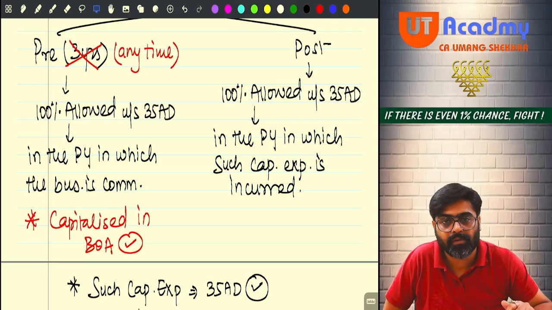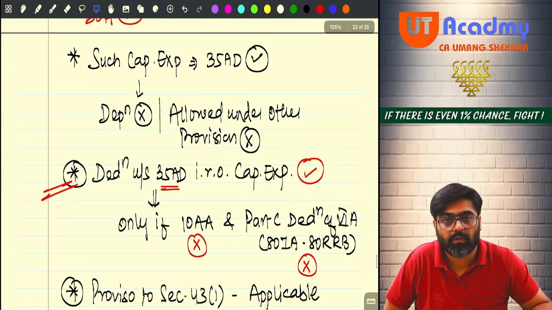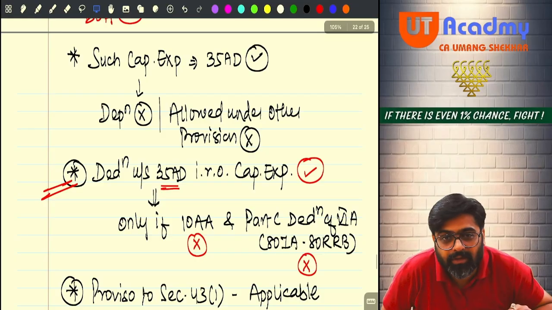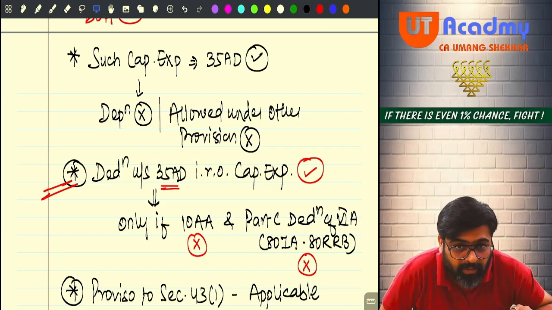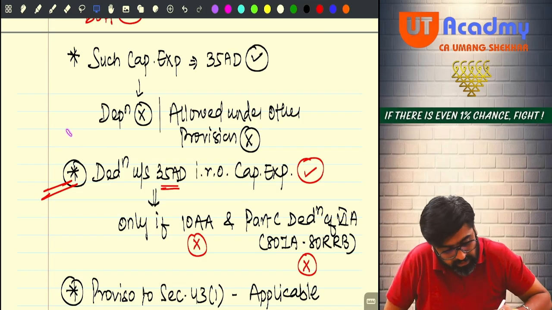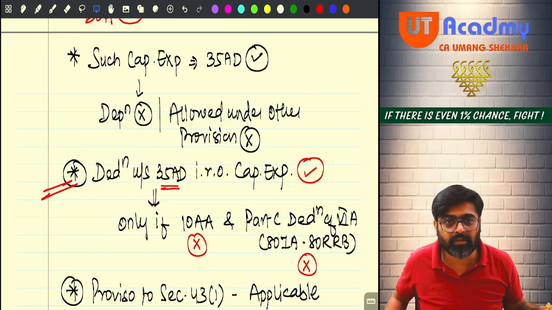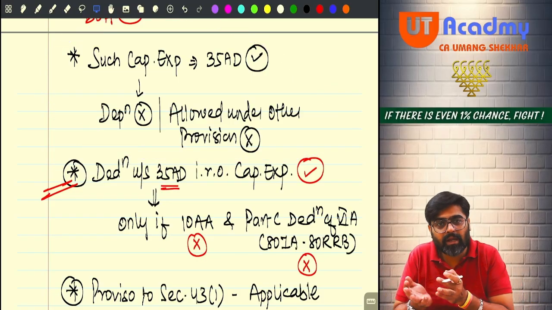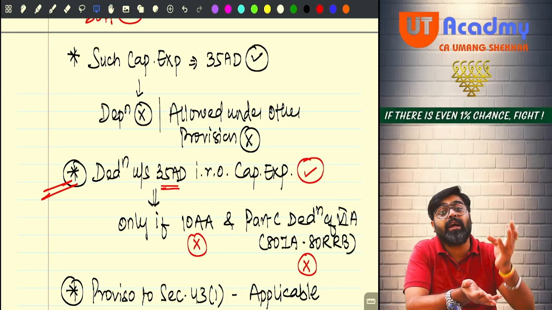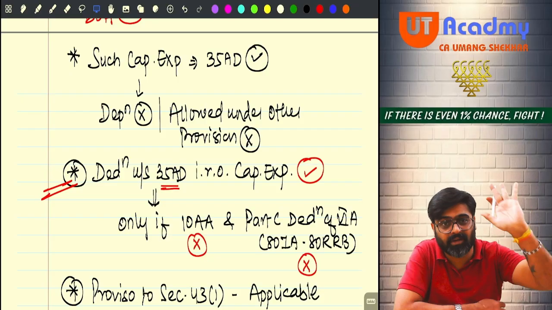Getting my point? Now, the capital expenditure which you are claiming here, can you claim this under any other section? Or can you claim it in the form of depreciation? That goes without saying. This is common sense, guys. Because we are allowing the entire capital expenditure as your business expense only under section 35AD.